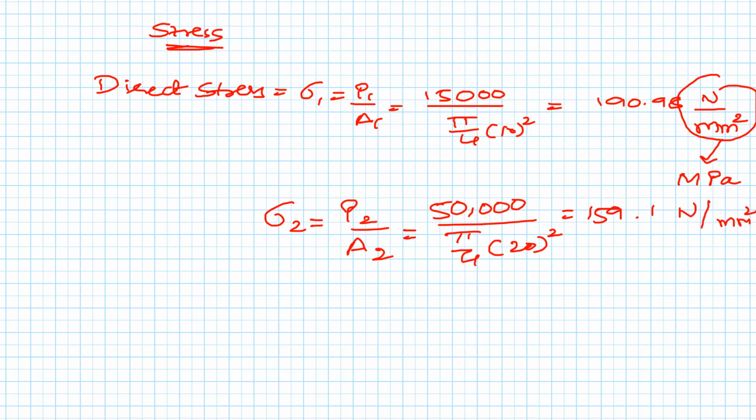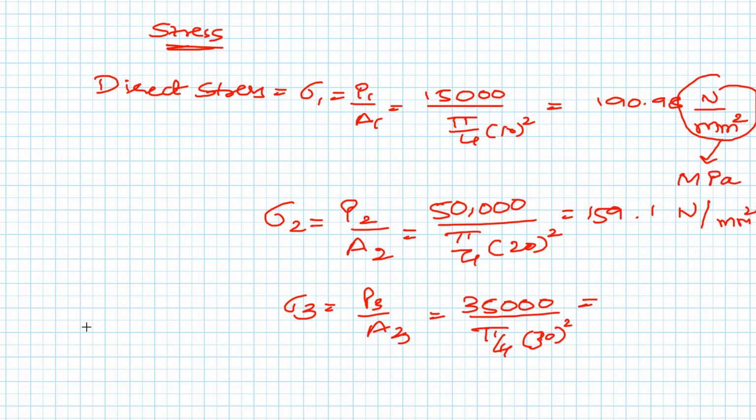Then the third section is of aluminium, which has the internal force of 35,000 newtons divided by the cross section area of 30 square. So that gives me 49.5 Newton per mm square.